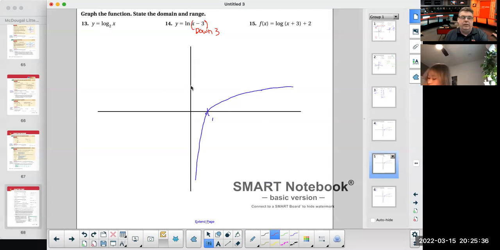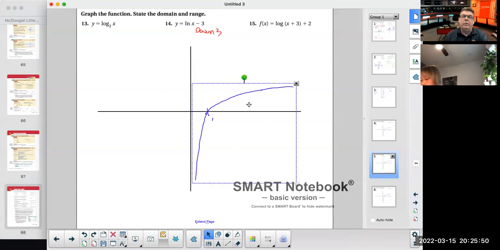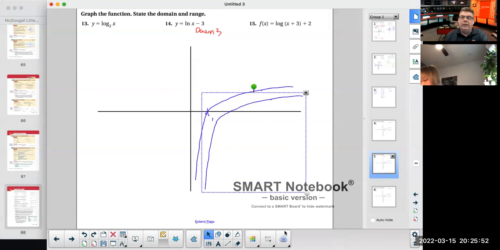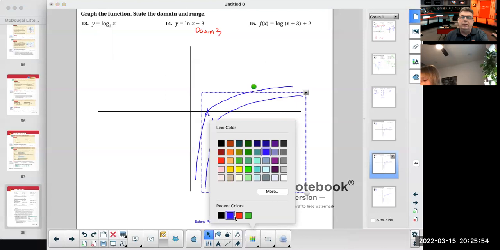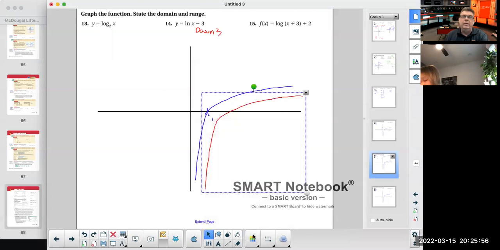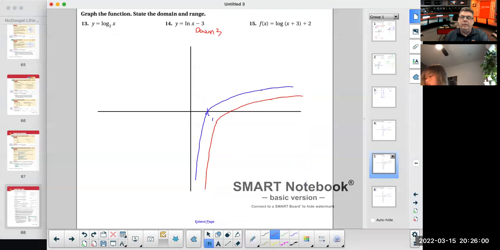Okay. So all we have to do is move this guy down 3, right? So I'm going to duplicate it. I'm going to make it red because that's how I roll, right? And if it goes down 3, I would say, okay, 1, 2, 3.